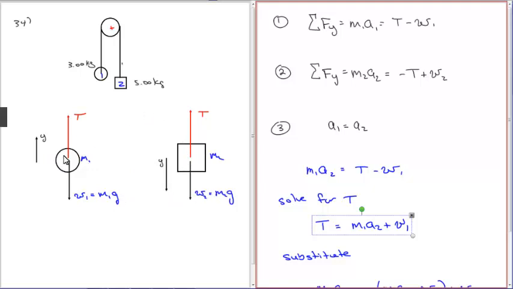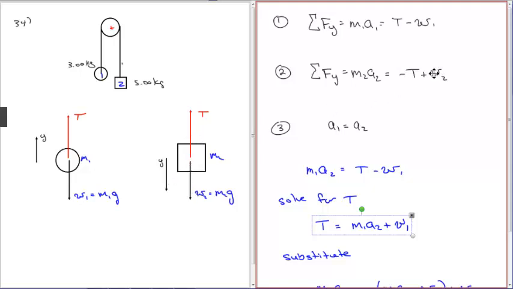We sum the forces in the y direction, which, because it's moving, is equal to the mass m1 times the acceleration a1. And the forces, we have T positive, w1 negative. And likewise with this one we have T negative because y is down, so it's negative T, and w2 is the same direction, so it's positive.